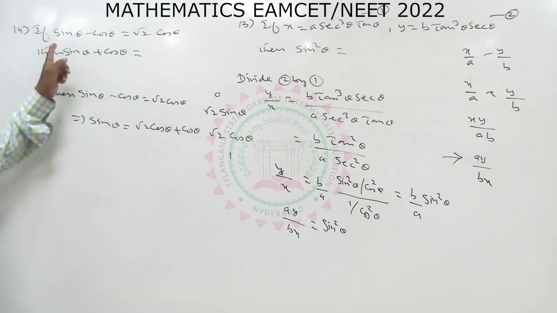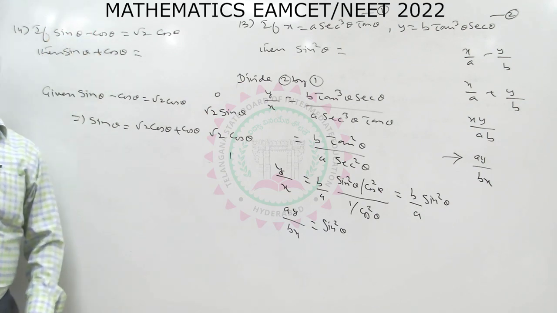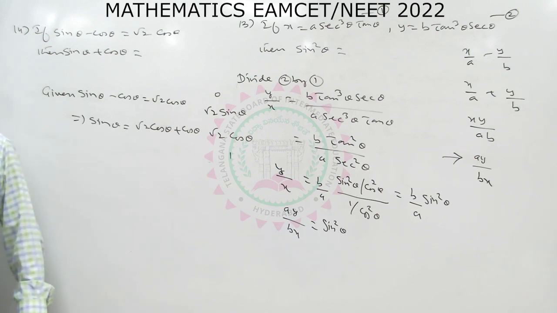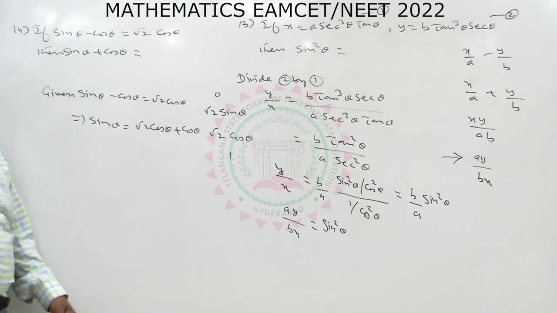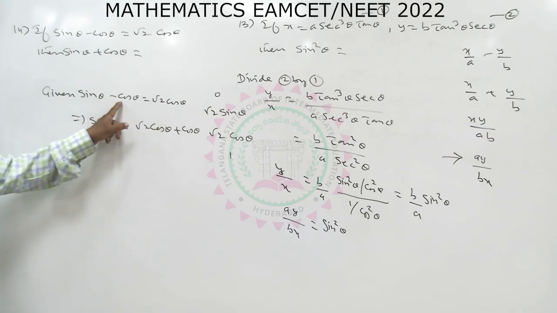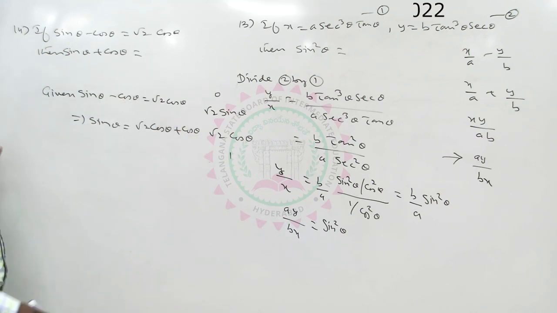Is it clear? The problem is given as sin theta minus cos theta is equal to root 2 cos theta. We have to find the value of sin theta plus cos theta. So, sin theta minus cos theta is equal to root 2 cos theta. I am transferring cos theta to the right hand side. It will become plus cos theta.